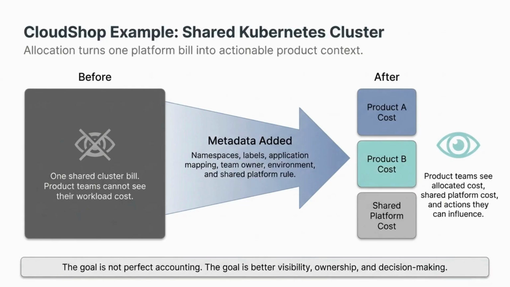This does not make the allocation perfect, but it makes it much more useful. After the change, product teams can see their allocated workload cost, their share of platform cost, and the actions they can influence. This creates better conversations between platform engineering, product teams, finance, and leadership.